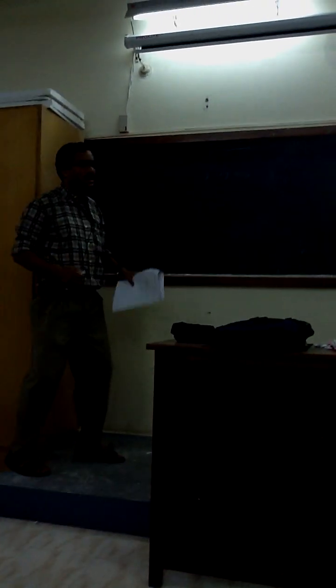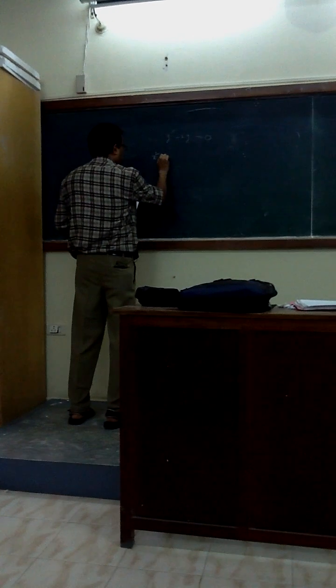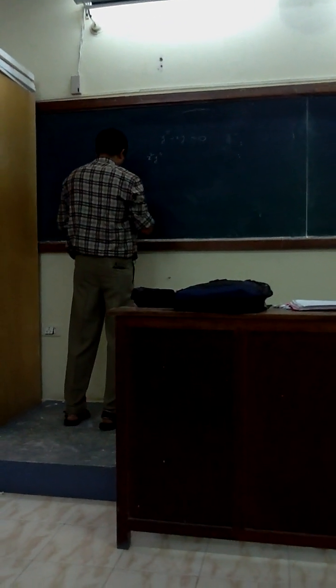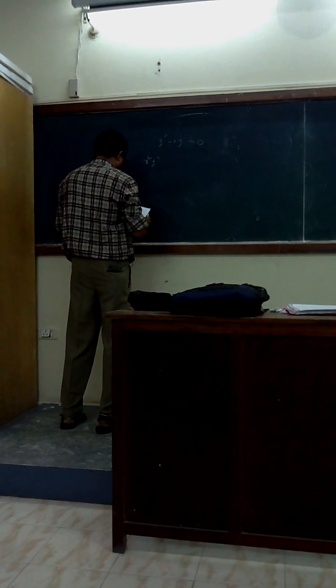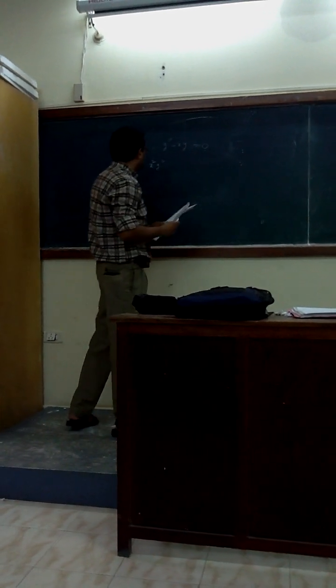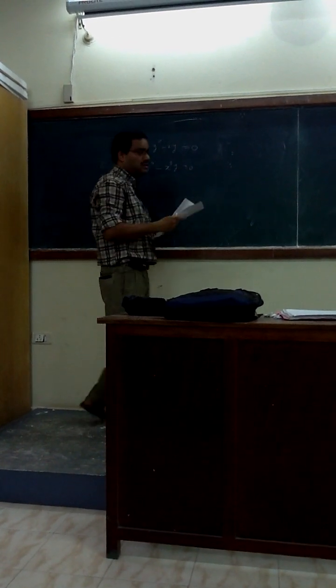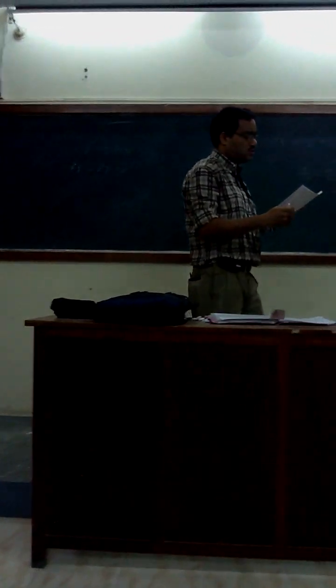Multiply by x square. What will be then? Y double prime x square minus x cube y equals to 0. Is that correct? In that case, what actually happens?